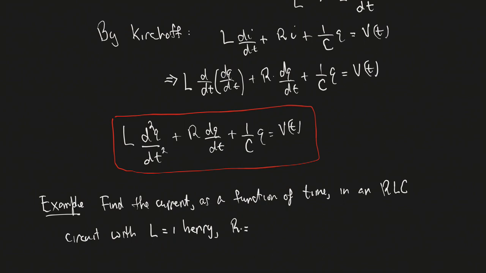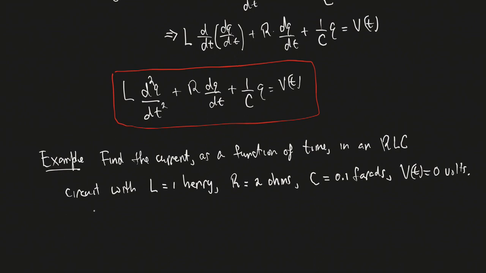Our R, let's say, is 2 ohms. Let's say our capacitance is 0.1 farads. And then let's say V of t is 0 volts.